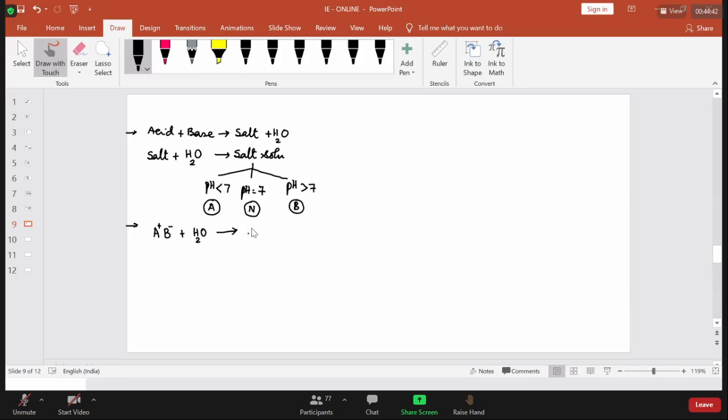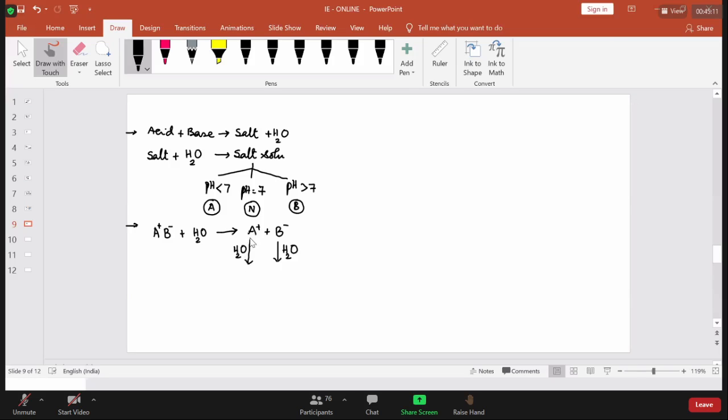Now, since there is water molecule available, if this A plus combines with a water molecule, then it is called hydrolysis of cation.